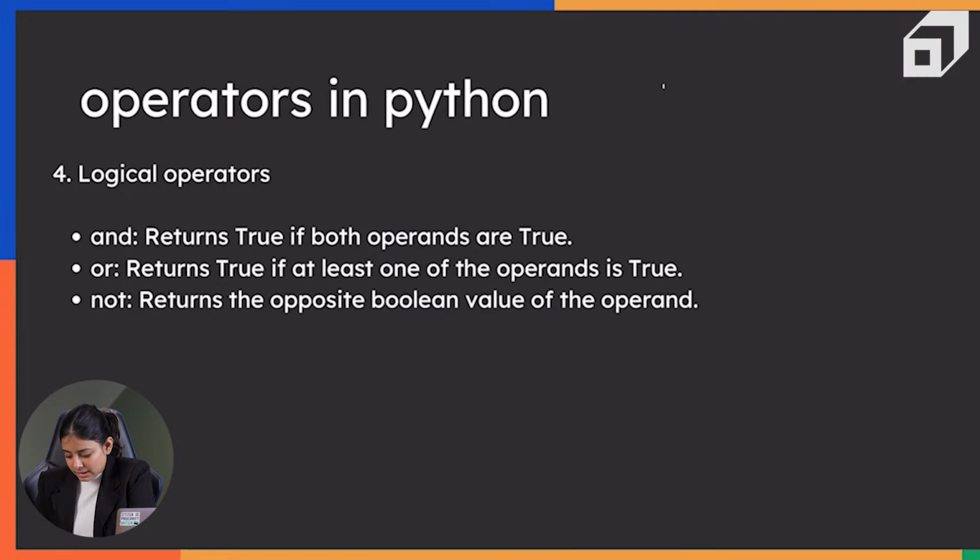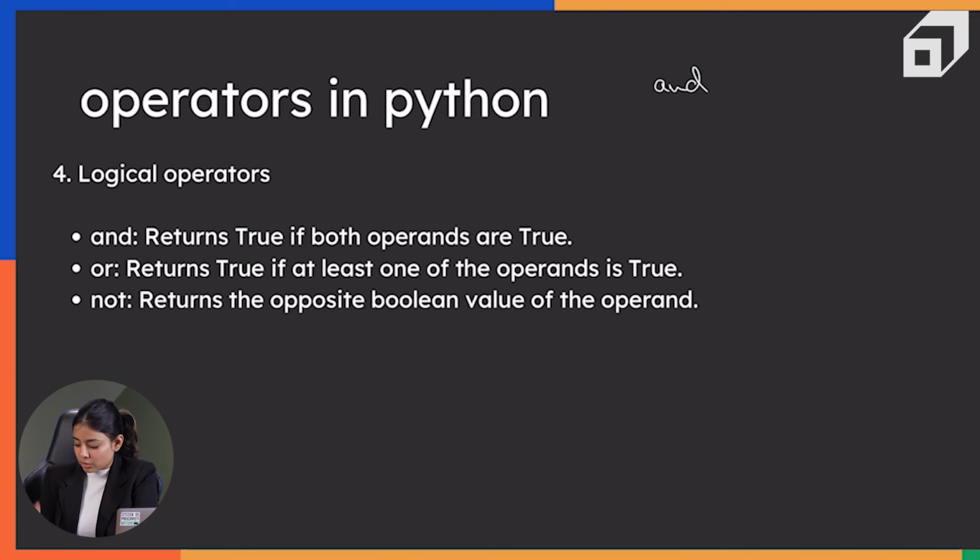Lastly, we have logical operators. These logical operators run on Boolean values, you can say. So, and, or, not. You might have studied about these earlier, but what these logical operators do is basically, the and operator will return me true if both the left and the right operands are true.